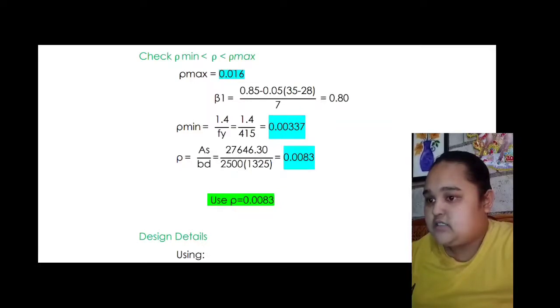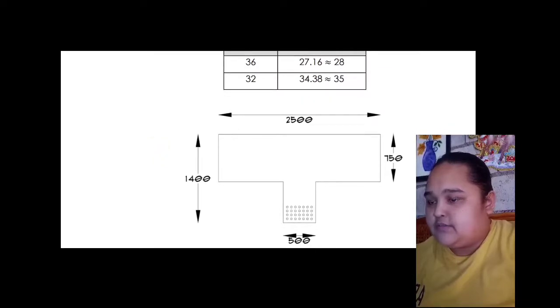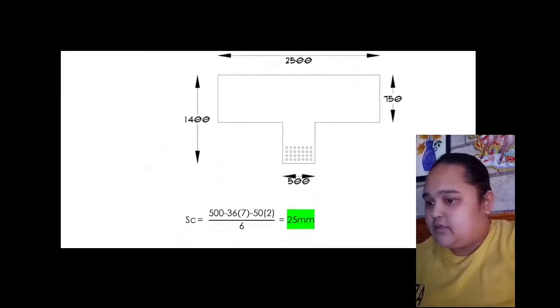P is AS over BD, which is 27646.3 over 250 times 1325 is equal to 0.0083. Use the value of P is equal to 0.0083. Design details: 28 pieces of 36 mm diameter or 35 pieces of 32 mm diameter.